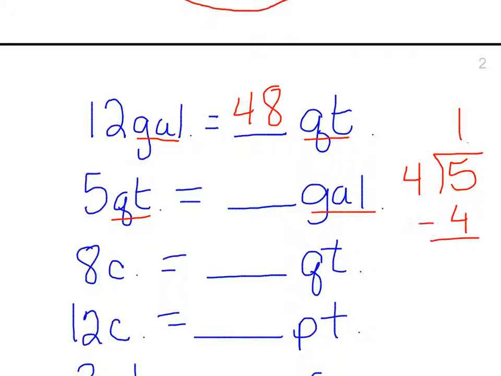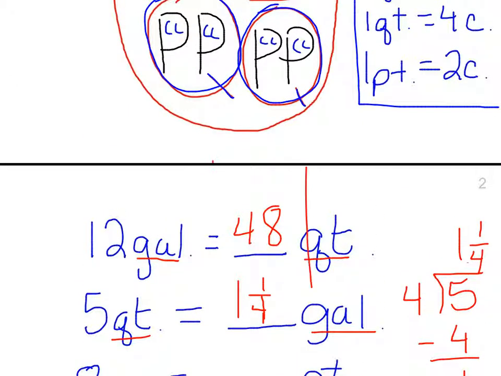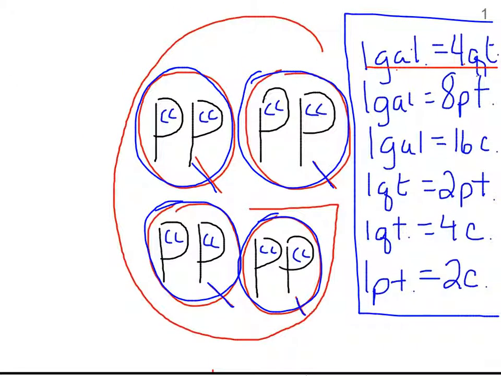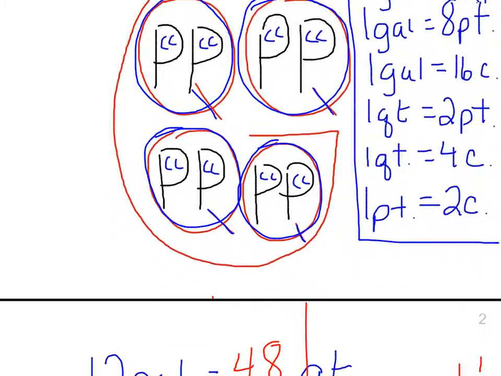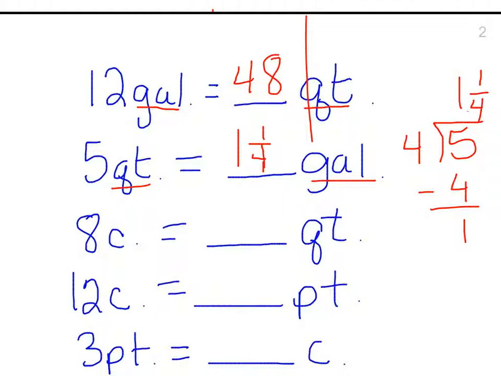And then I'm going to have 1 left over, and I'll write it as a fraction and say 1 1/4 of a gallon. And that makes sense because if we look at our big G, there are 4 Qs in it, which means that's 4 of the quarts that we just had, and then if we use 1 more, it's 1/4 of another gallon. Okay, so I didn't mean to draw the big red line there. Alright, so let me erase this problem.